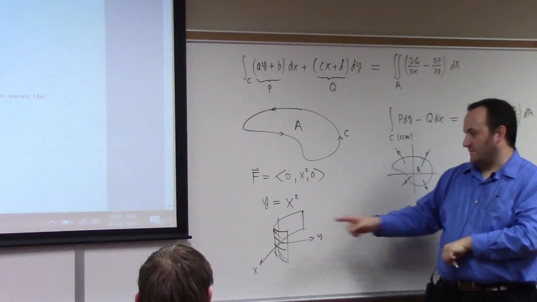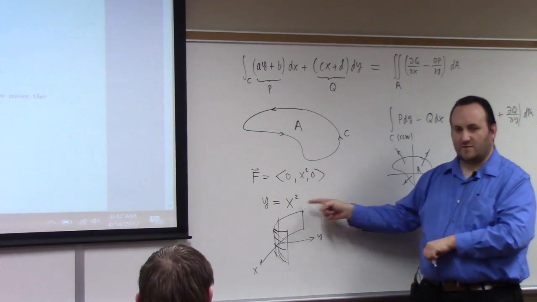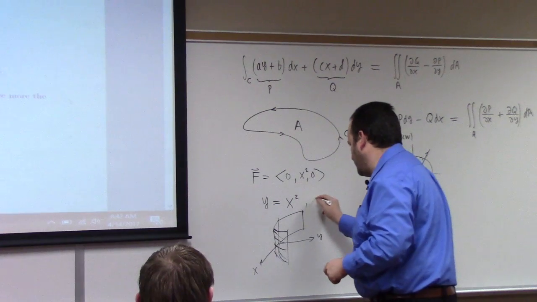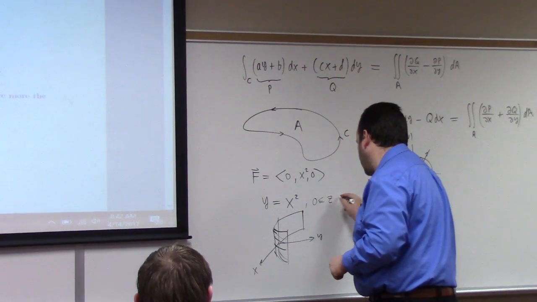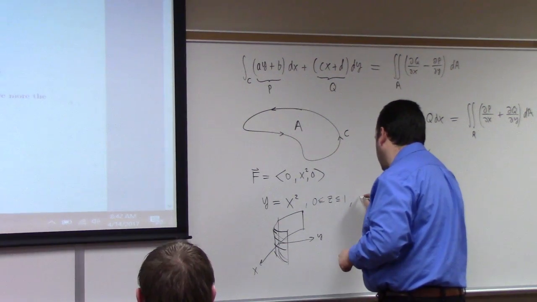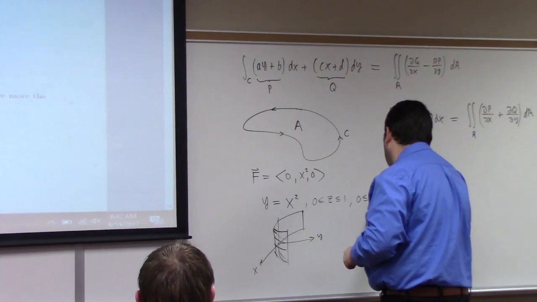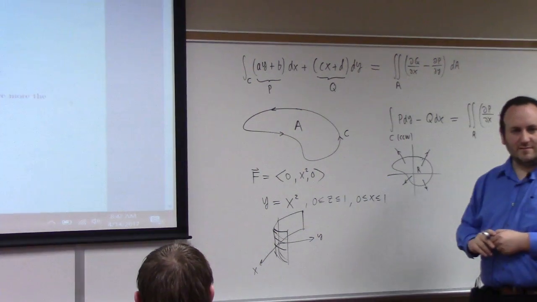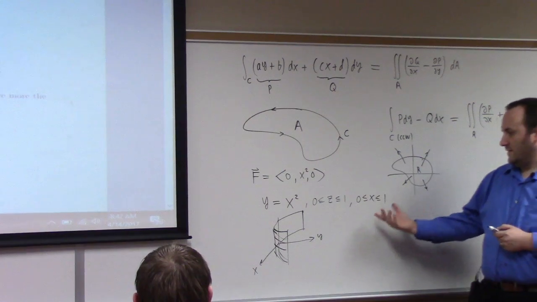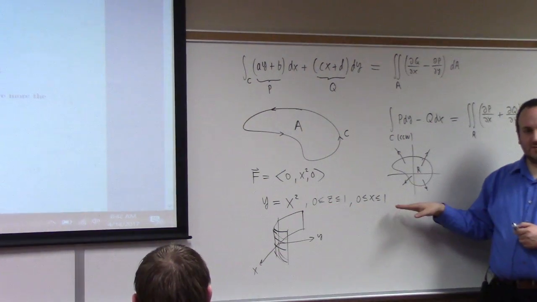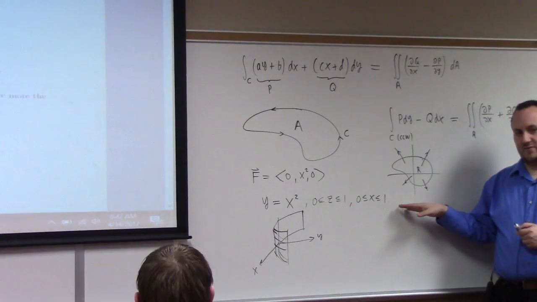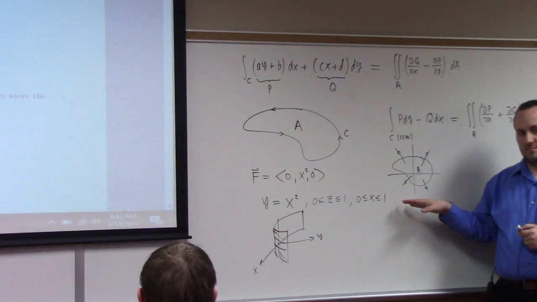So if I ask you what's the flux of this vector field through that surface, let's say for 0 less than or equal to z less than or equal to 1, and for 0 less than or equal to x less than or equal to 1, just to make it a reasonable question. Now, this describes the surface, but I haven't told you which way is up yet.